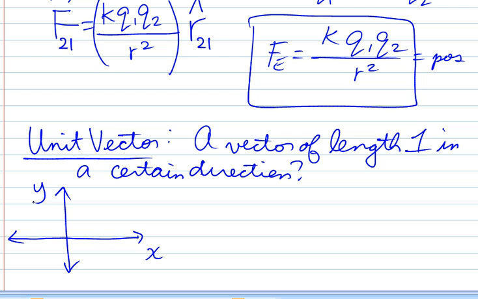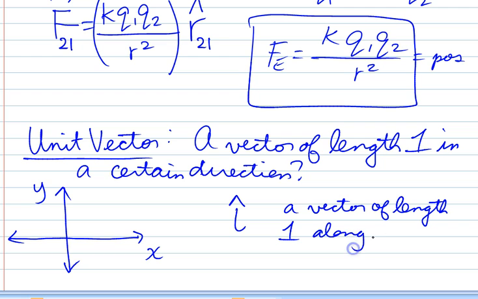And so this brings up two different unit vectors. First of all, we have the illustrious unit vector i hat, which is a vector of length 1, which goes along the x-axis. Okay, so if I wanted to draw i hat, it would go up until 1. That is i hat.